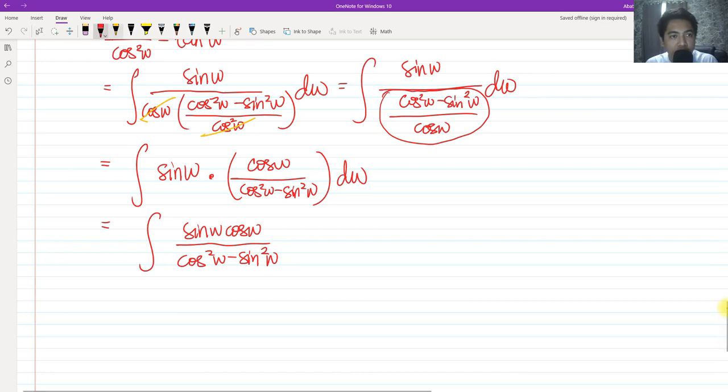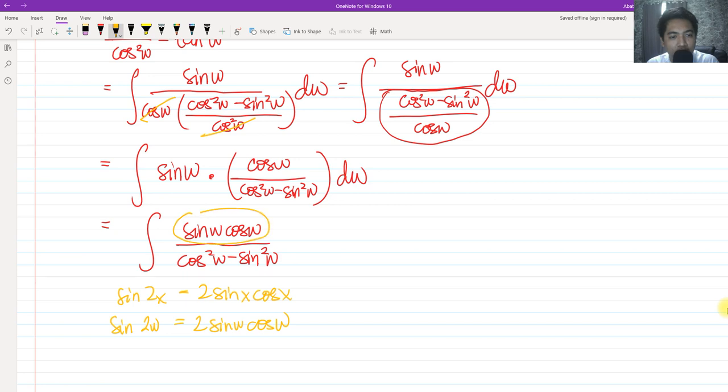Take note also that there is an identity for sine 2x: sine 2x equals 2 sine x cosine x, and it can be applied also with w as the variable, so 2 sine w cosine w. But the problem here in the numerator is that we don't have any 2.